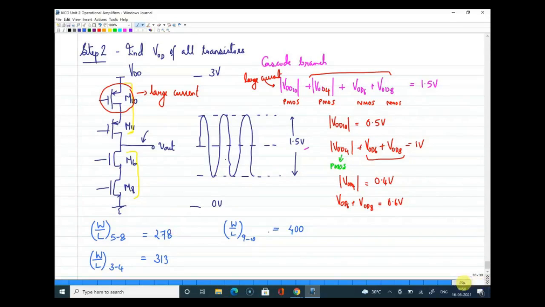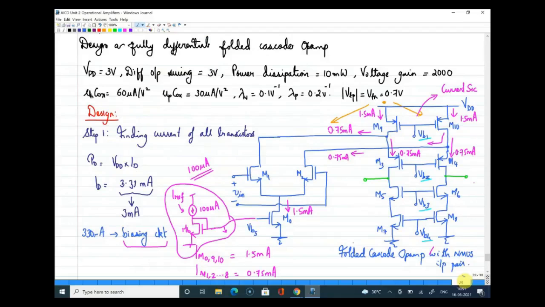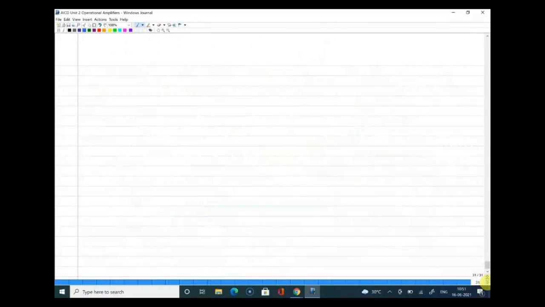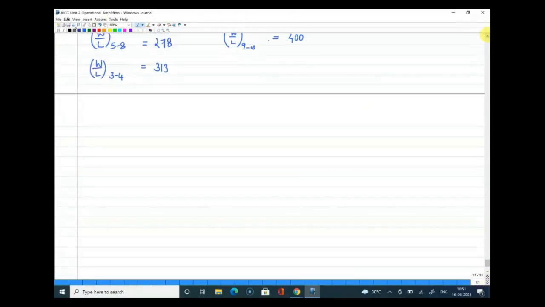All right. Now what is left out is we need to find the size of the input transistors, and we did not assign overdrive directly. So in the folded cascode op-amp, finding the size of input transistors is slightly different than what we have done in telescopic. So listen carefully. I'm going to step number 3 now. What is step number 3?